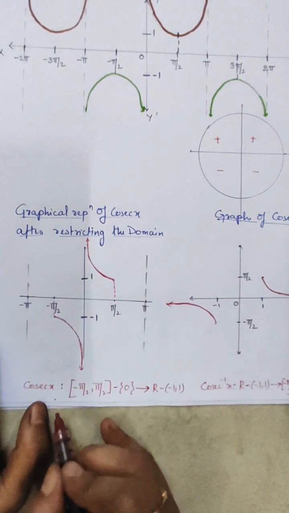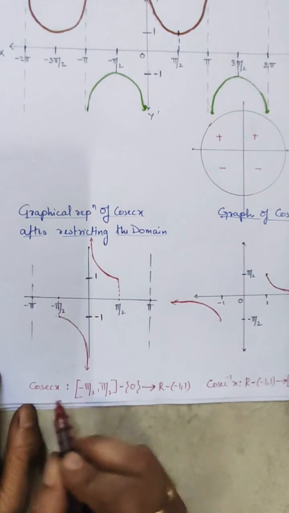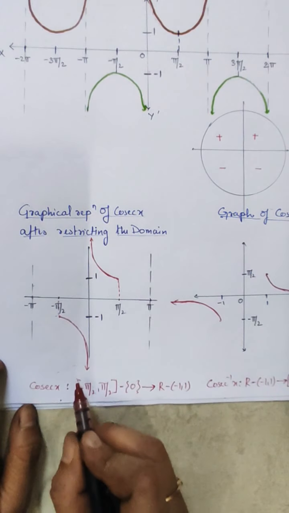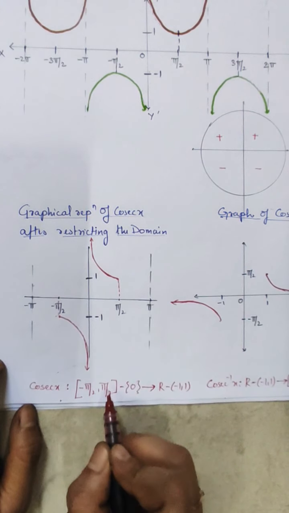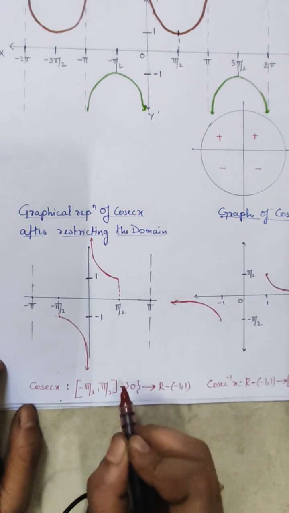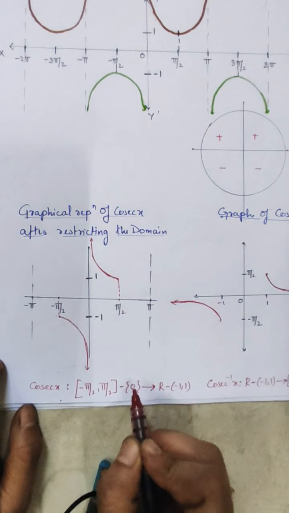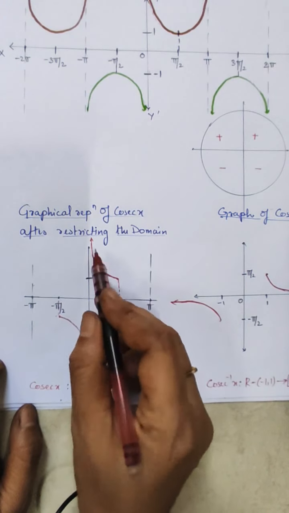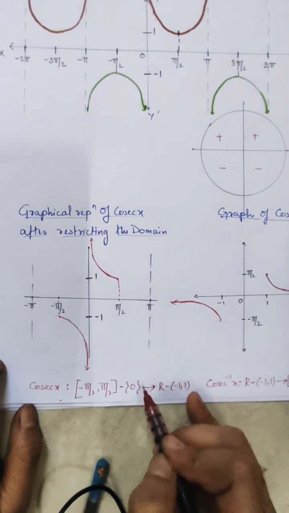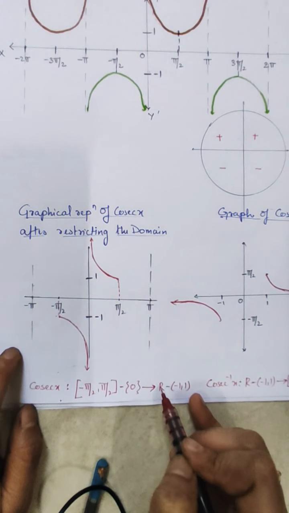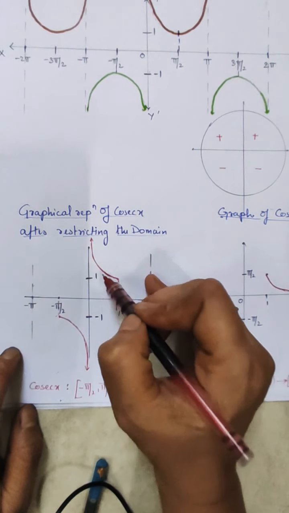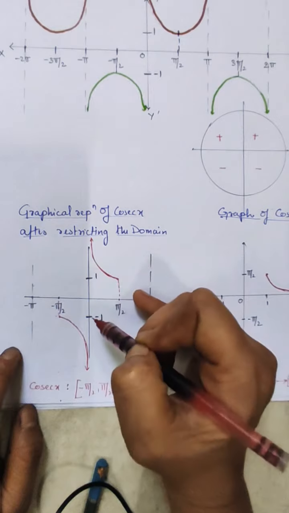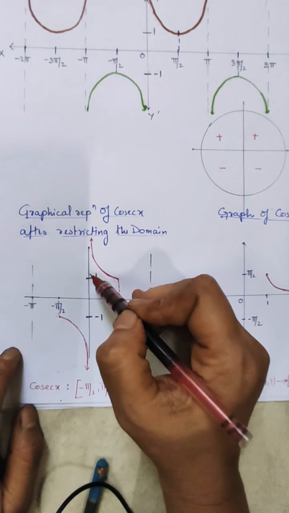So after restricting the domain, the graphical representation will be this one, and the domain for cosec x will be the closed interval minus pi by 2 to pi by 2, same as for the sine function, minus the 0 radian, because here we don't have any graphical region. The range will be all real numbers except this particular part, that means the open interval minus 1 to 1.